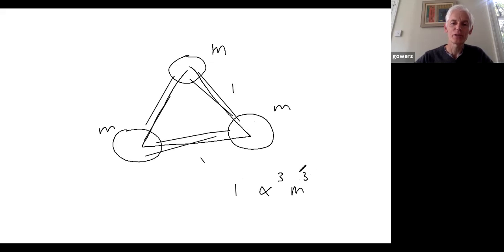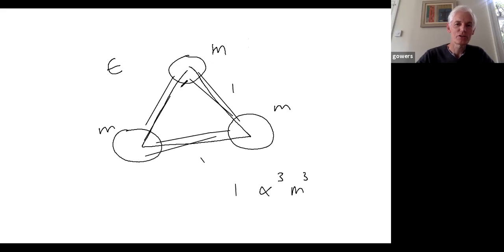Well, m is roughly n divided by the number of blobs that I took. So it all goes back to the question that I mentioned earlier: how does the number of blobs that we have depend on the epsilon, which was the degree to which the graph is approximately random-like.